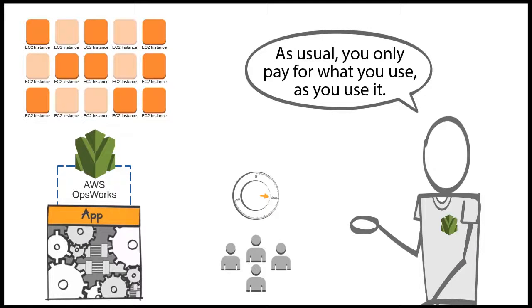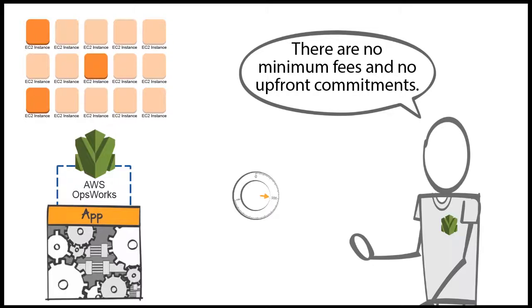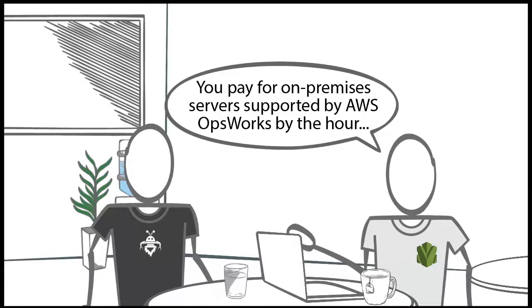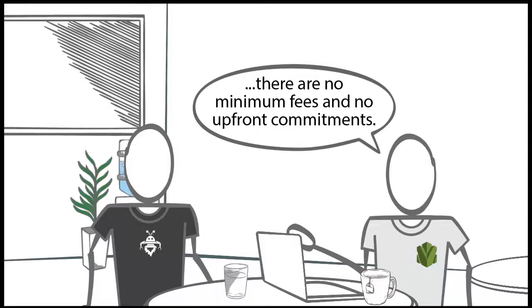As usual, you only pay for what you use as you use it. There are no minimum fees and no upfront commitments. What about on-premises servers? You pay for on-premises servers supported by AWS OpsWorks by the hour. There are no minimum fees and no upfront commitments.